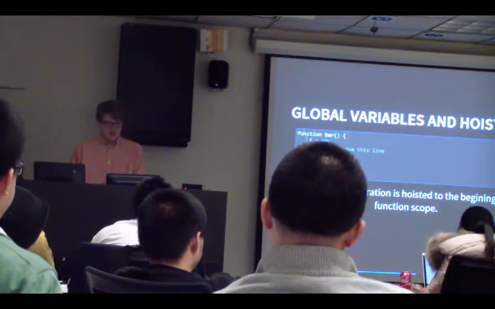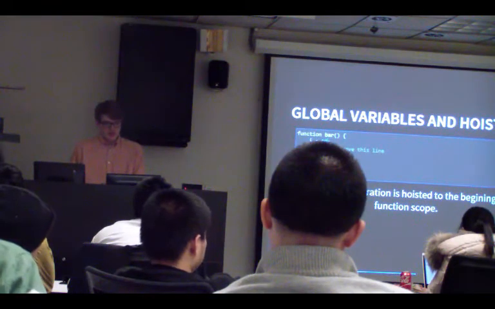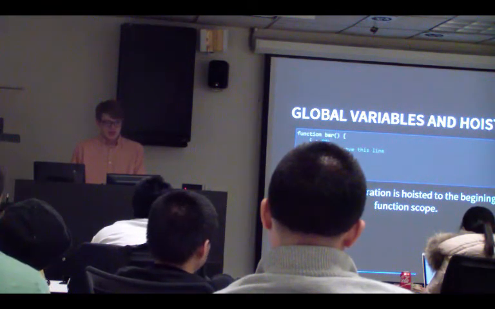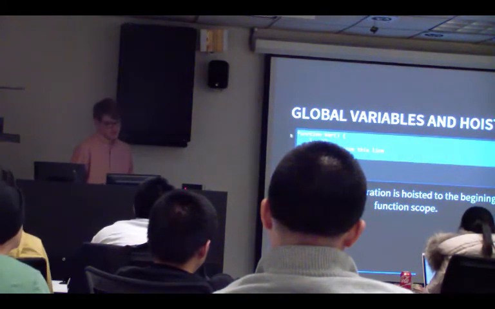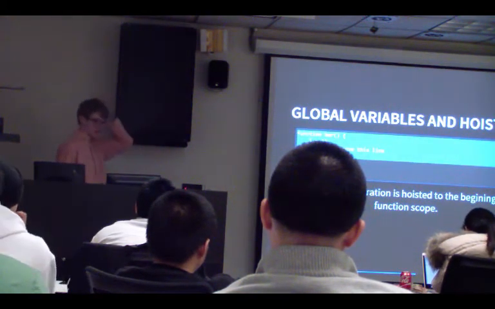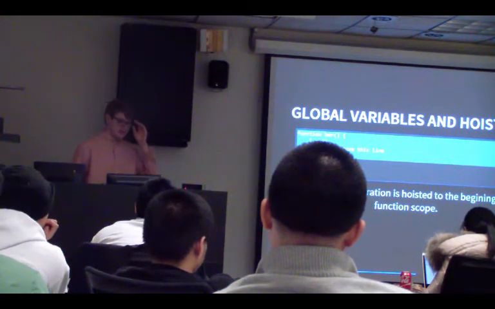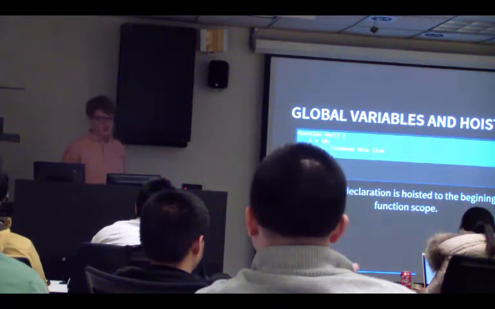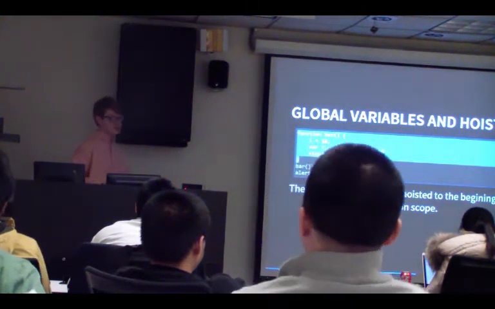So in this function, var i equals 10, var i, alert i is still only within the scope of this function. So first off, JavaScript, if you didn't know, has function variable scope. So if you declare a variable within a function, that's its scope.